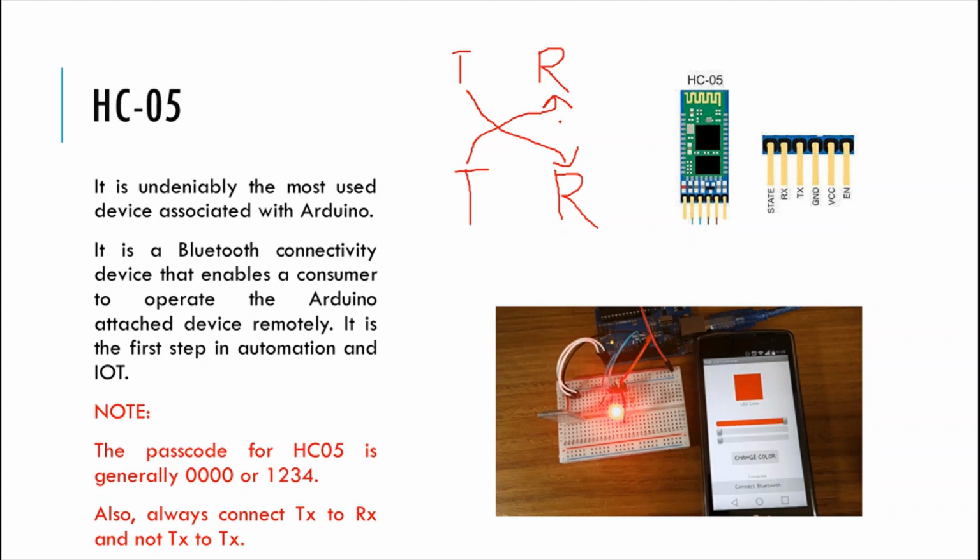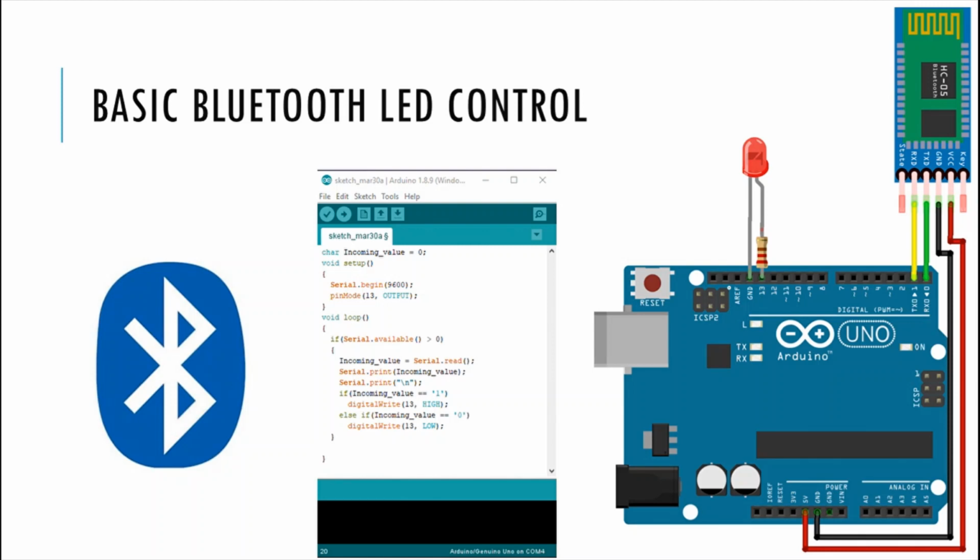Now proceeding, this is a very basic code for Bluetooth based LED control. So what do you have here? You have your serial communication here, and then you've declared 13 to be an output resistor, as I told you earlier, connected to an LED, and if serial dot available. This means that if there is an incoming message from Bluetooth device or something, what you do is you note down the value.